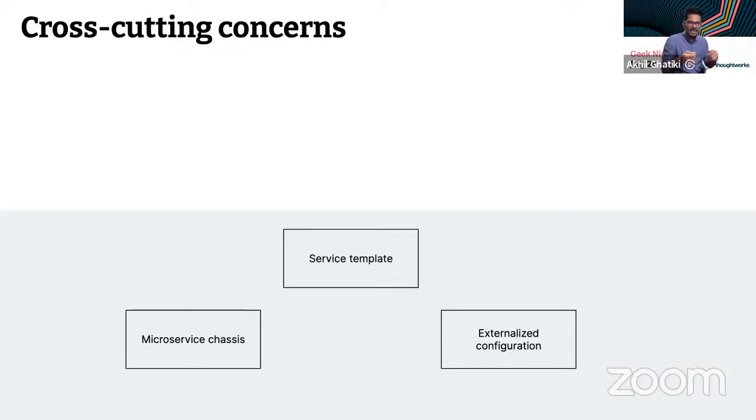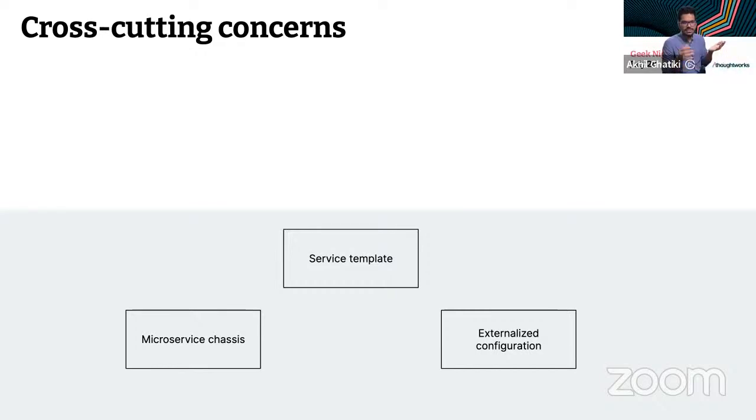So you can create a chassis for your application, for a service. This chassis or service template is a skeleton structure, which is buildable, with a few libraries and frameworks configured. So it's like a very basic image.